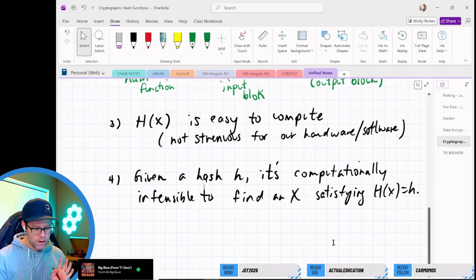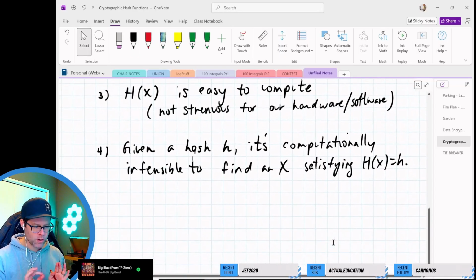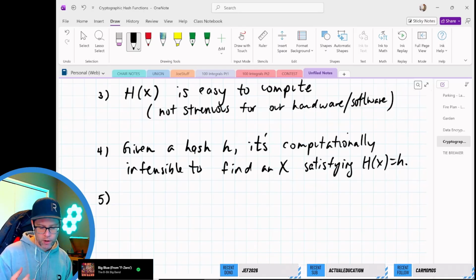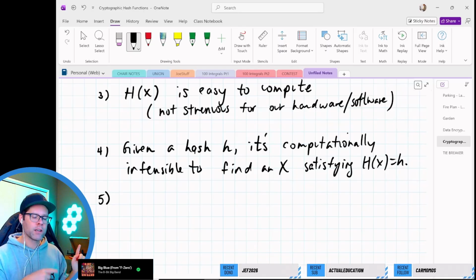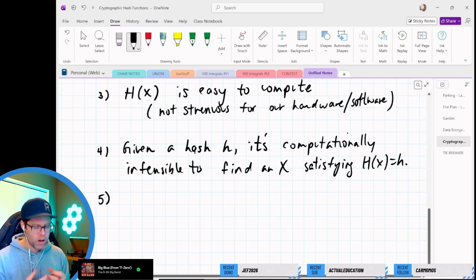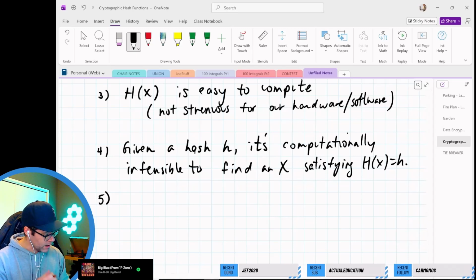So even if my hashed password was stolen, it would be really difficult to find an input that returns back that particular output. There are just so many possibilities for that input block X that it's going to be impossible for us to cycle through all those possibilities with a strong computer. That's what number 4 is saying.